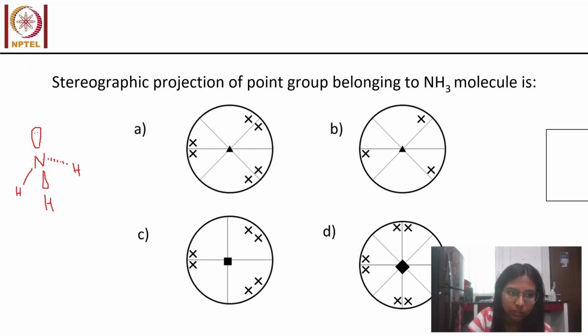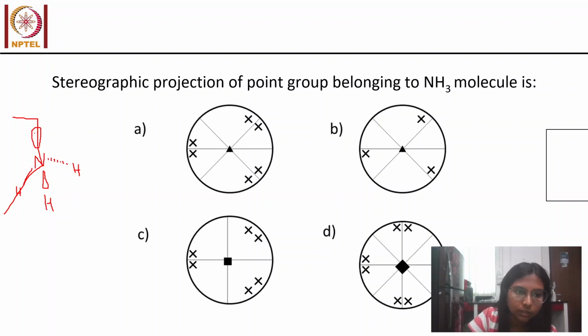In addition to that, we can see that we have a sigma v. Why? Because if we consider this plane like this, then these two hydrogens reflect each other, so they are mirror images of each other.